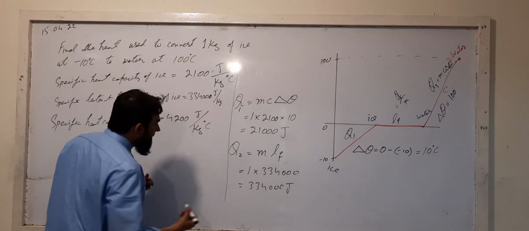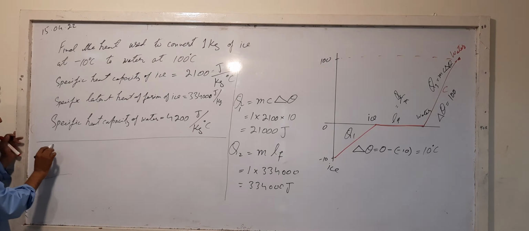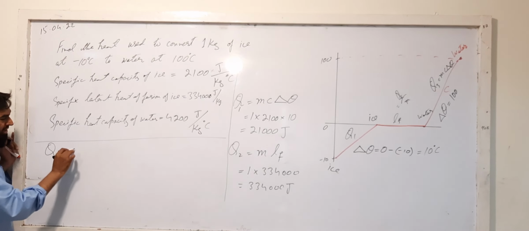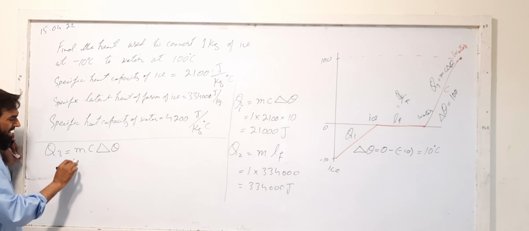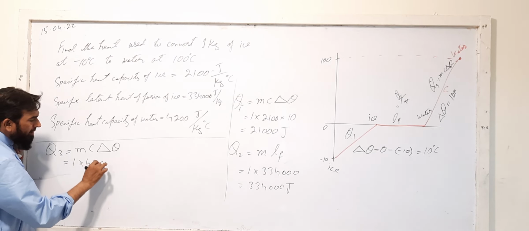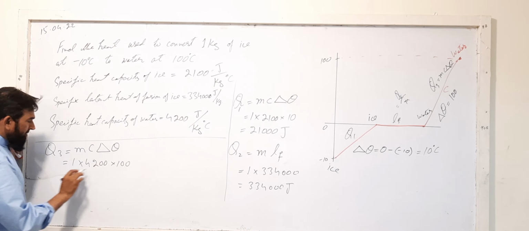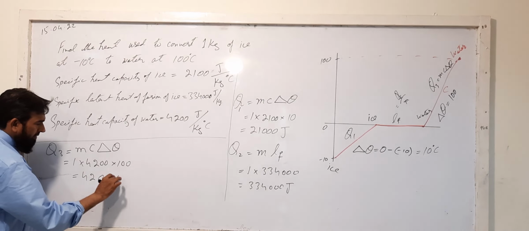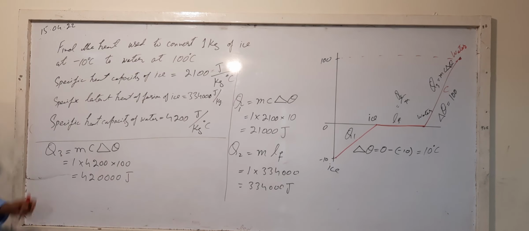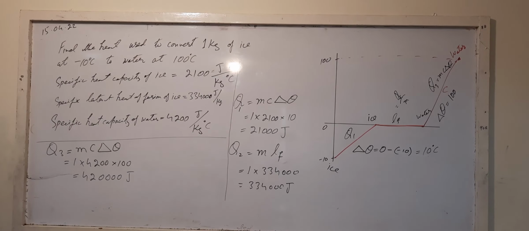Q3 is equal to mc delta theta, mass 1, 4200, so 420,000 joules.